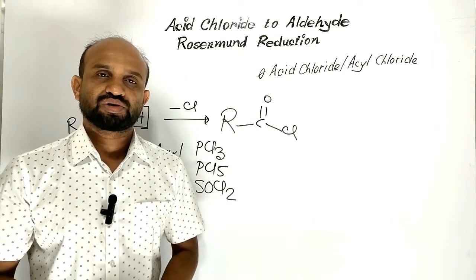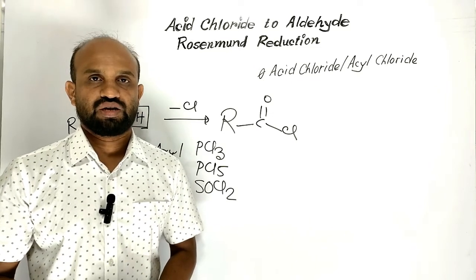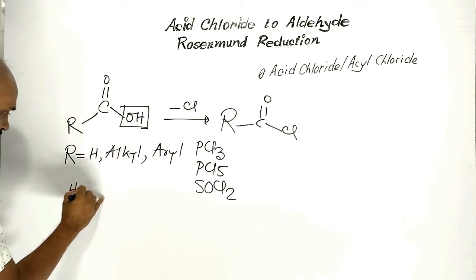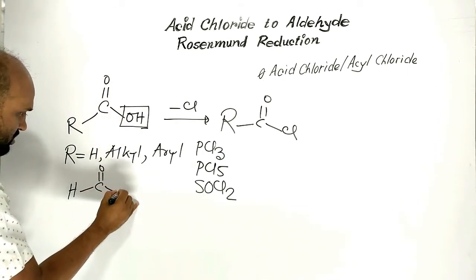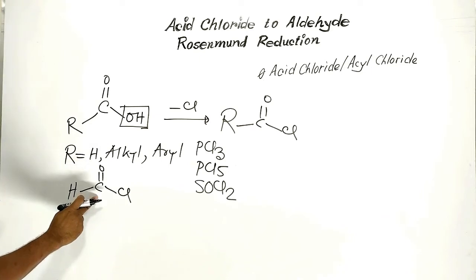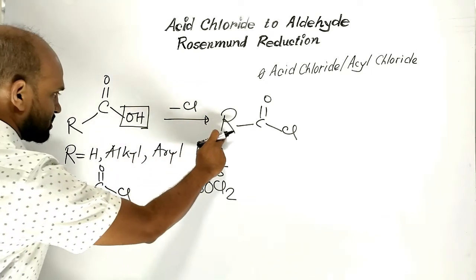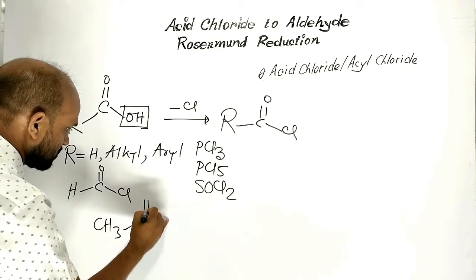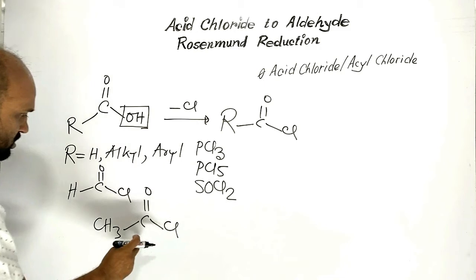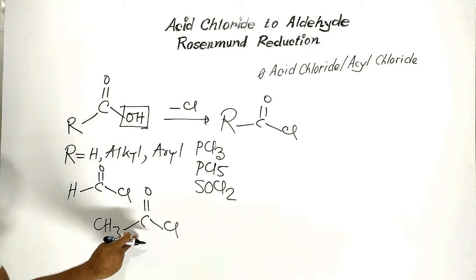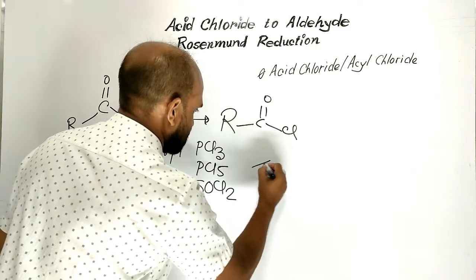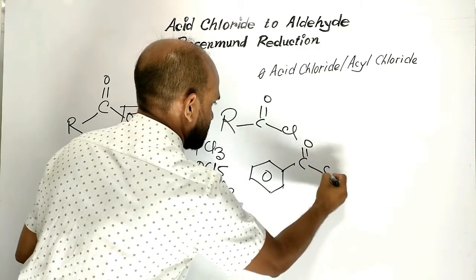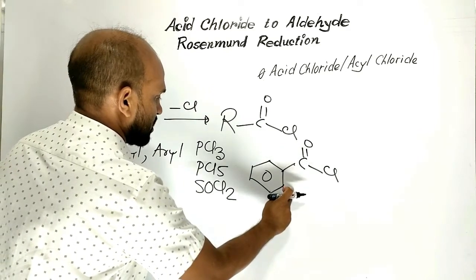Let's see some examples of acid chlorides or acyl chlorides. When this is hydrogen, then this is formyl chloride. If this R is alkyl group, suppose methyl group, then this is acetyl chloride. If this R is phenyl group, then this is benzoyl chloride.